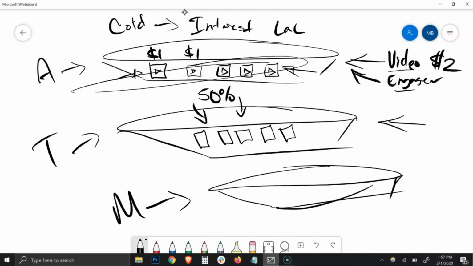So all of these same videos from up here are down here. I'm trying to draw play buttons if that's looking confusing. So when a viewer watches at least 50% of one of these videos, it triggers them into the next audience. In this audience, we have all of the same videos, and here's the kicker.